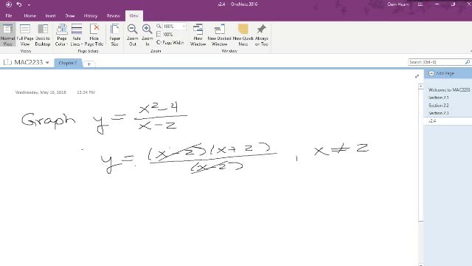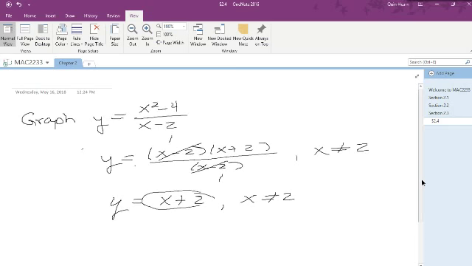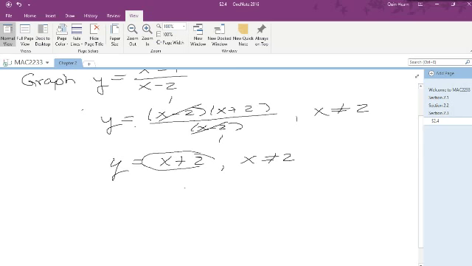Like let's say x is 3, you'd have 1 over 1, or if x is 5, you'd have 3 over 3. This would divide out and leave a 1. So as long as x is not equal to 2, y is just the line x plus 2. So I'm going to graph that line. Oops, let me get my good graph out here.